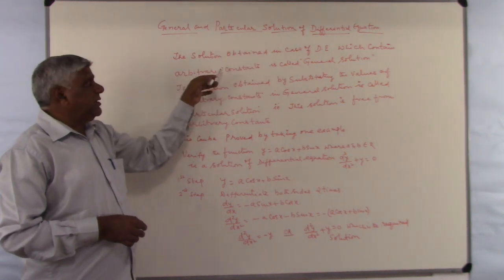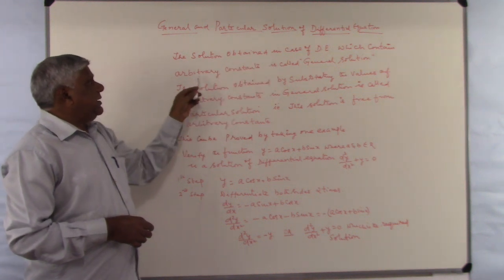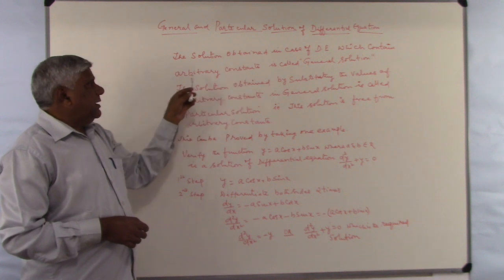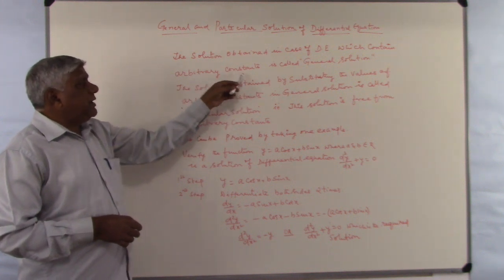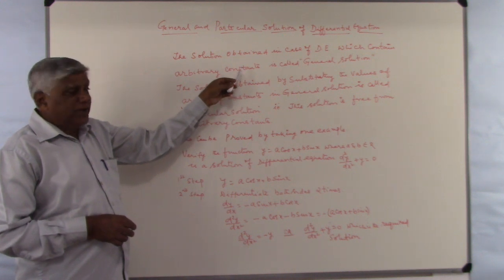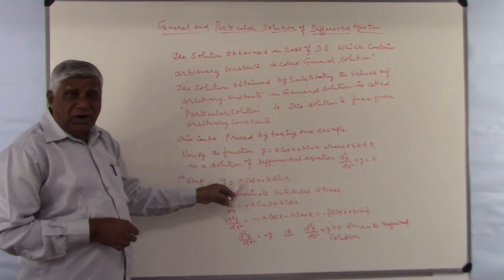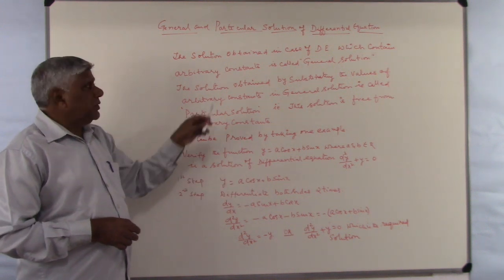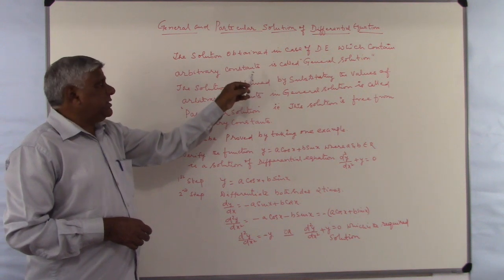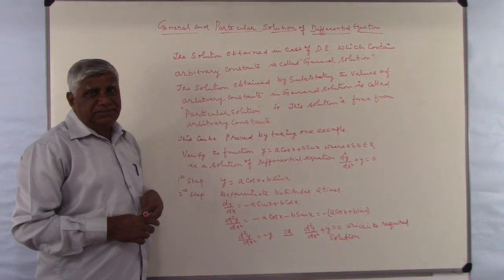In case of general solution, the solution obtained in solving the differential equation contains arbitrary constants. For example, in this case, A and B are called arbitrary constants. So the solution obtained with arbitrary constants is called general solution.